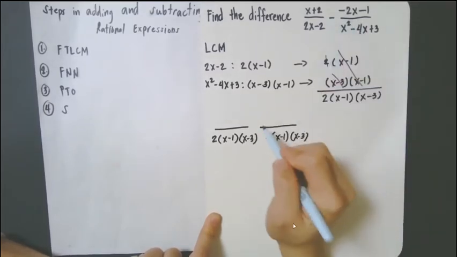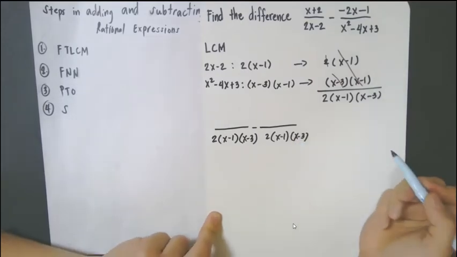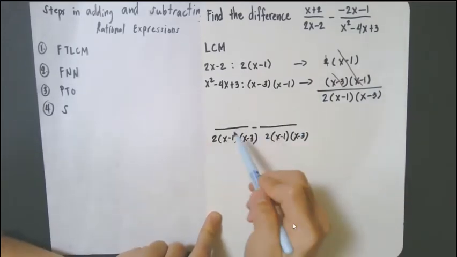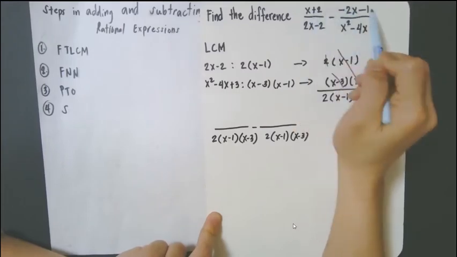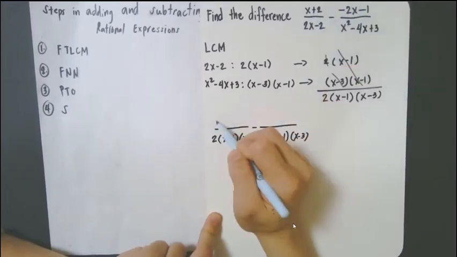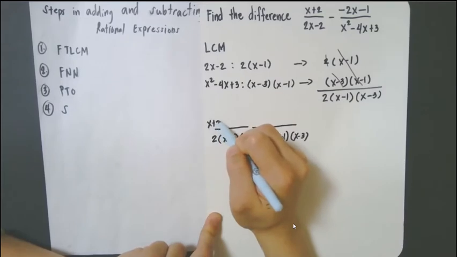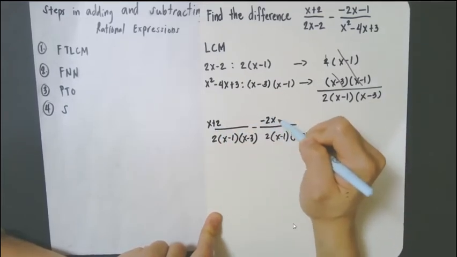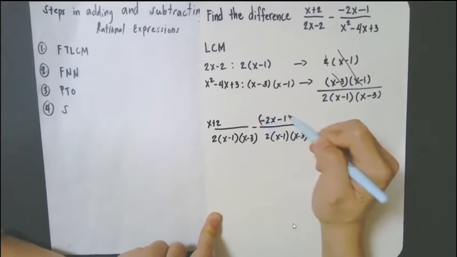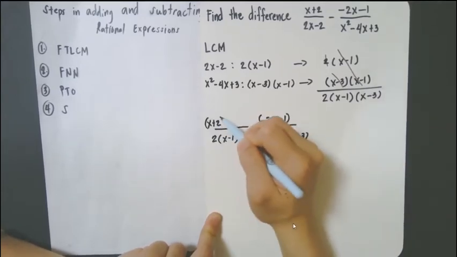Remember, you have their subtraction, so put their subtraction. Now, to find the new numerator, copy the old numerators. So that will be the first step. So that's x plus 2 here. And then we have here negative 2x minus 1. Okay, put them in parentheses.